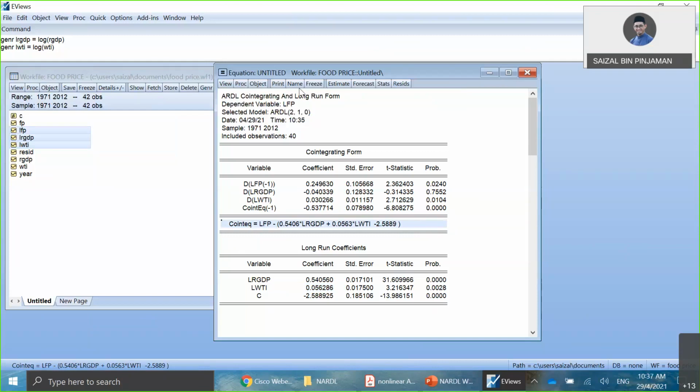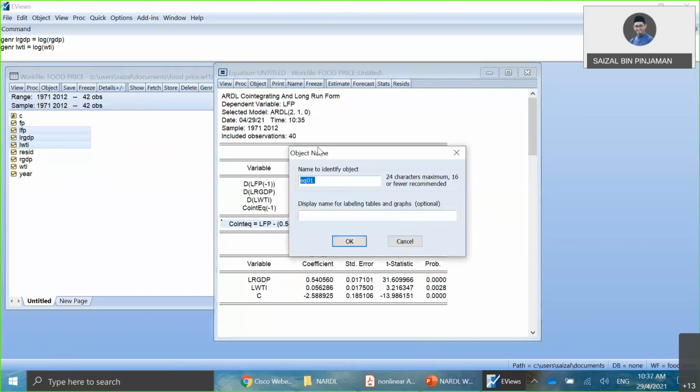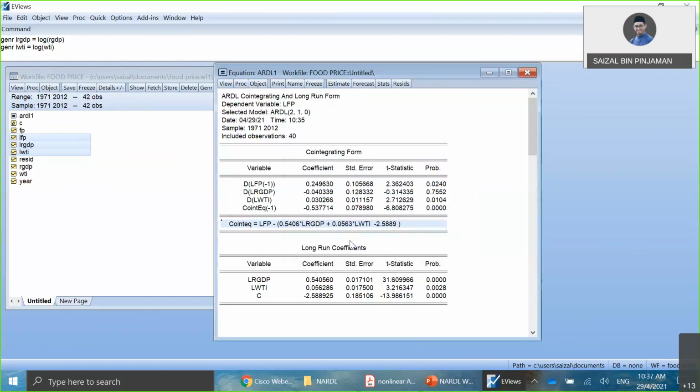So let us rename this object as ARDL1, because we are still in the ARDL estimation. Click the ARDL model. And if we want to proceed with the error correction model, this cointegration equation information is very crucial for us to take into account.